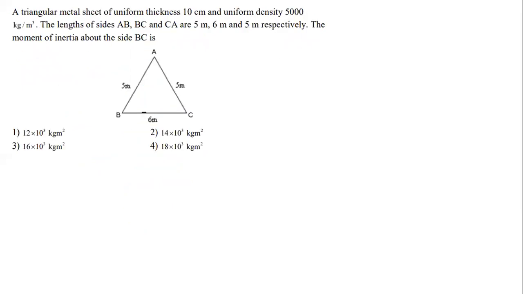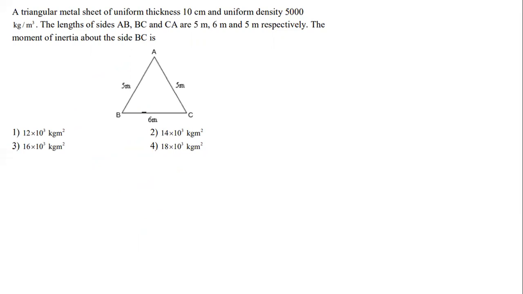A right-angled triangular metal sheet of uniform thickness 10 centimeter and uniform density 500 kg per meter cube. The sides AB, BC, and CA are 5 centimeter, 5 meter, 6 meter, 5 meter respectively.